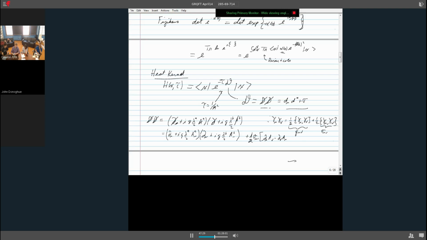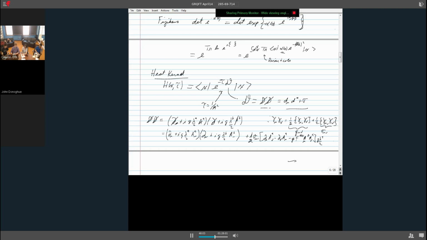The symmetric combination here, when you multiply these together, turns into basically d mu plus I g lambda a over 2 a mu, d mu plus I g lambda b over 2 a b mu.